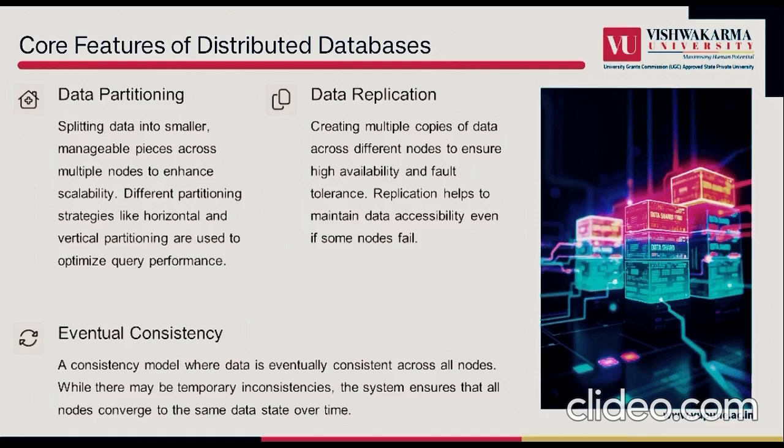Eventual consistency: a consistency model where data is eventually consistent across all nodes. While there may be temporary inconsistencies, the system ensures that all nodes converge to the same data state over time.